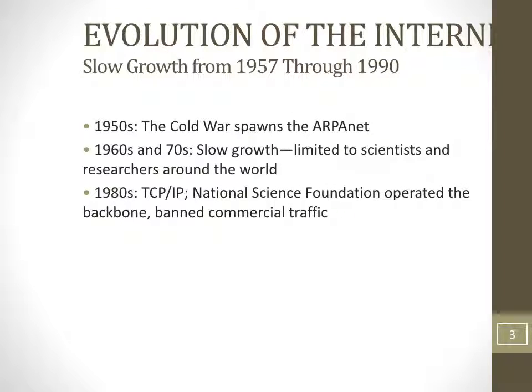So real quickly, the internet had its genesis in the 60s, and the military wanted a way to ensure that communications between bases, as well as improved communications between universities doing military research, would be maintained in case of a nuclear attack.